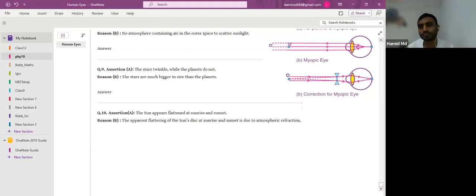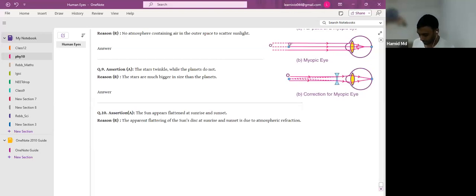Sir, option A. It is because of atmospheric friction, right? So we almost did 10 questions. What about numericals? Sir, there are no numericals in this chapter.